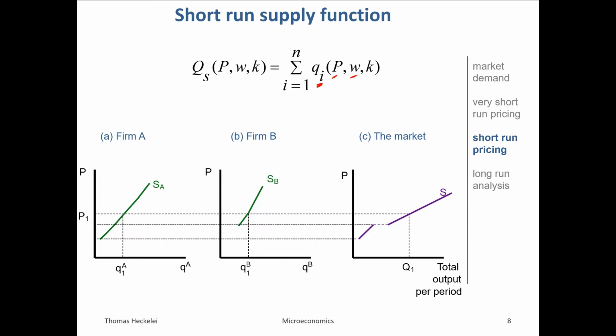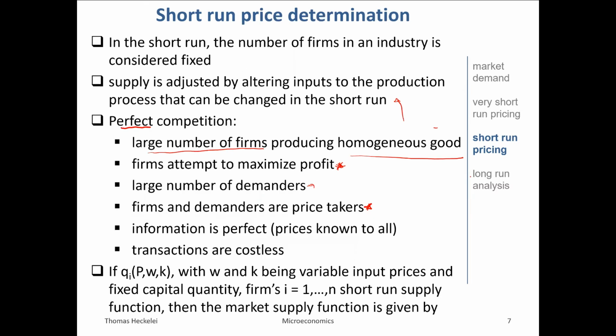However, here remember, it's just variable input price. It's not every input. And then a fixed capital quantity. You remember last time when we talked about short-run supply, we also have a fixed level of capital.